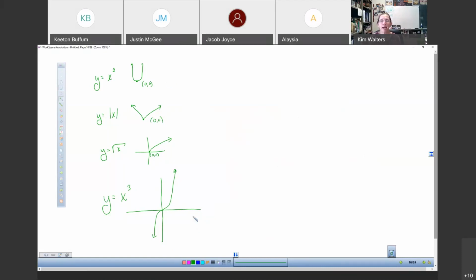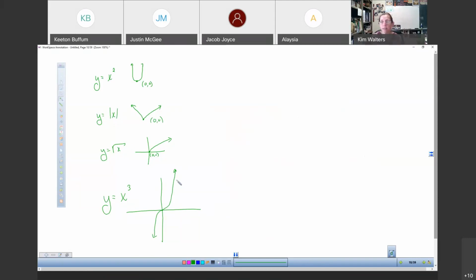I hope when you leave this class, if you don't remember anything else about algebra, that you could look at something with an x squared as its largest power and go, hey, that's a U shape. If somebody says graph the absolute value, you go, oh, that's a V shape. If you see the square root, you go, oh, that's that sideways half a parabola. And if you see x cubed, you go, oh, that's that little squiggly line.